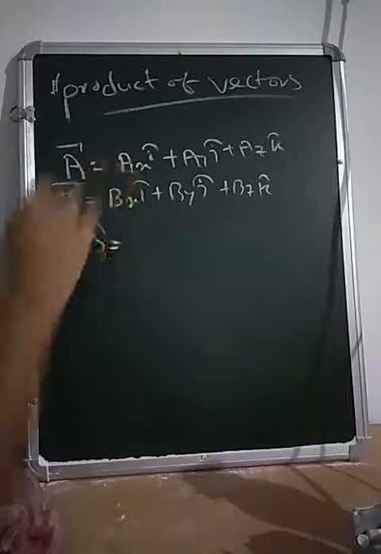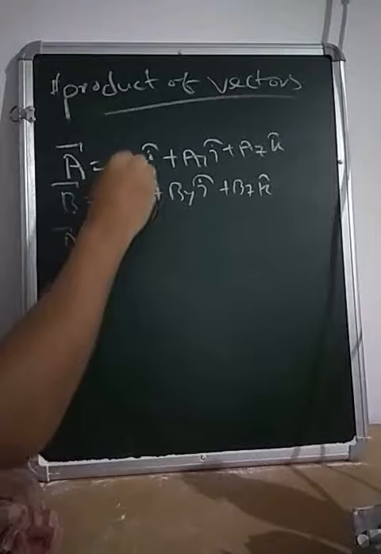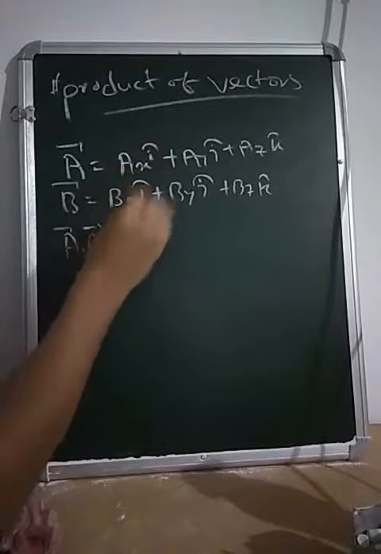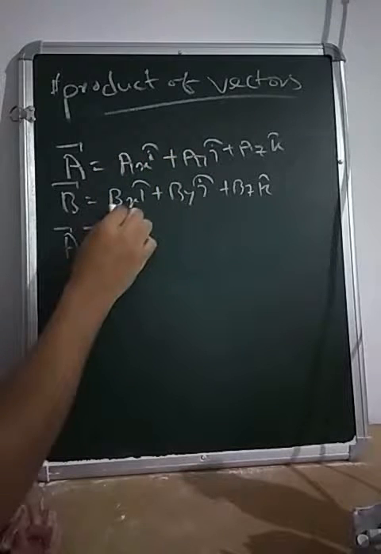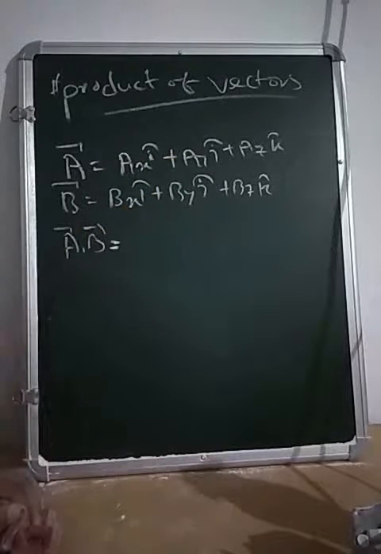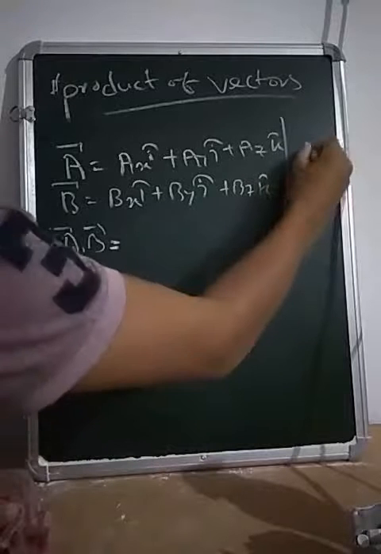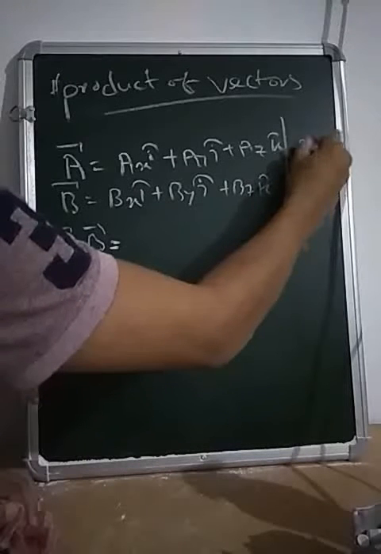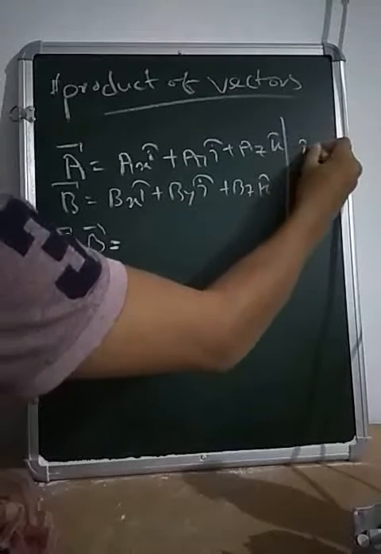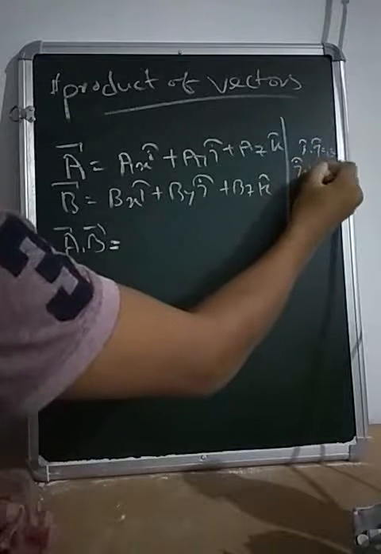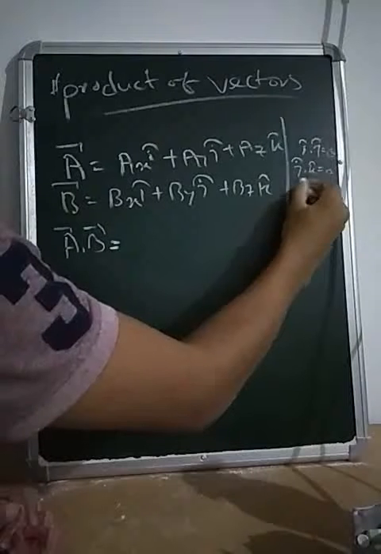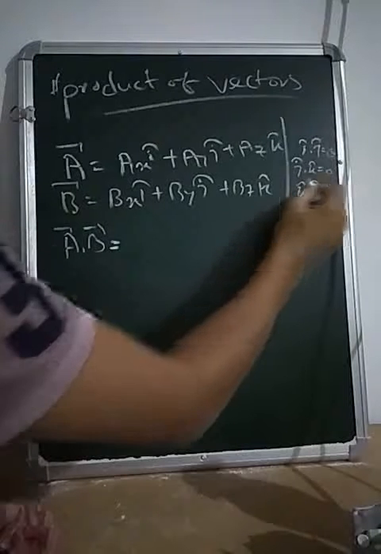A dot B means we have to multiply each component of A with each component of B. But one thing we have is that i dot j will be 0, j dot k will be 0, and k dot i will be 0, and they are commutative.